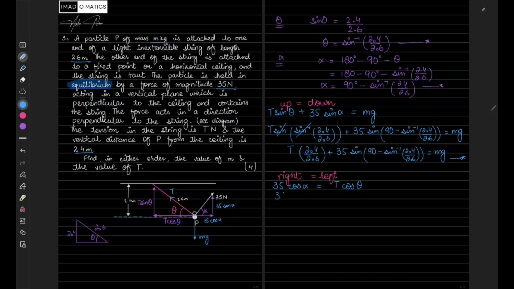So yeah, substituting the values, cos alpha is cos of 90 minus sine inverse of 2.4 over 2.6 equals T cos of theta. And what is your theta? The theta is sine inverse of 2.4 over 2.6.